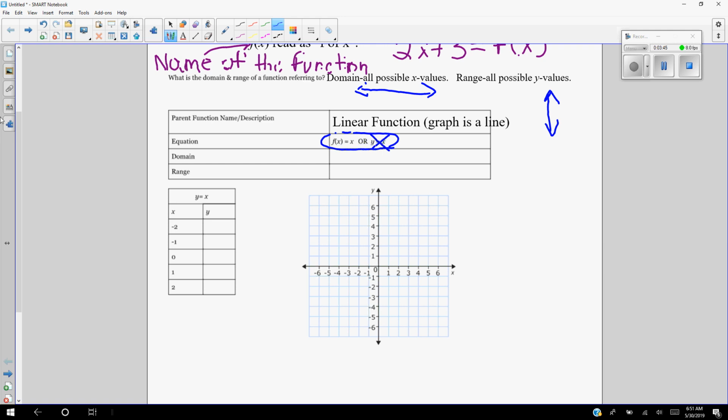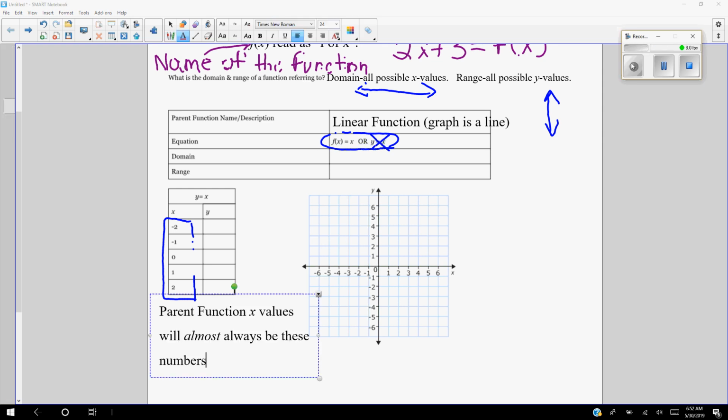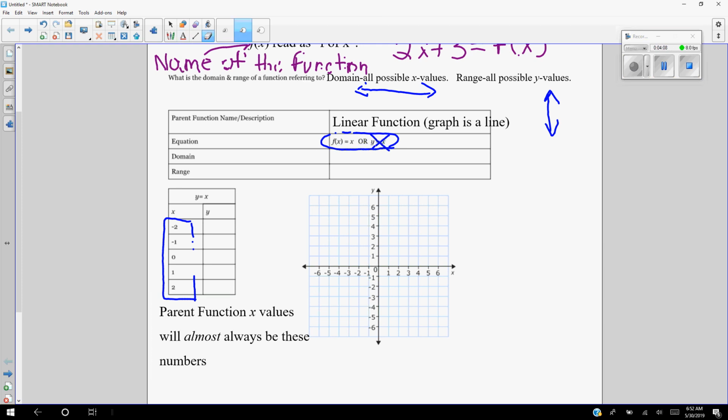So let's go down here and make our table. You'll notice in this table, the values we've picked for x are -2 to +2. And I've added a little note here. The parent function x values will almost always be these numbers. You're going to see there are some exceptions, but most of the time, these are a pretty safe bet.